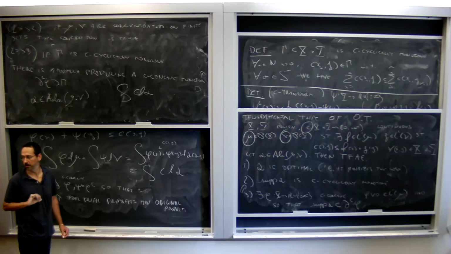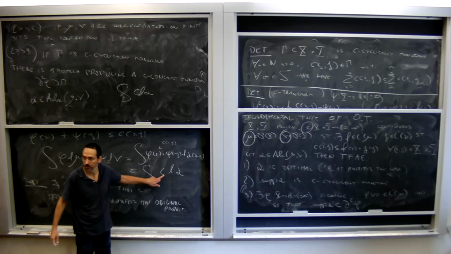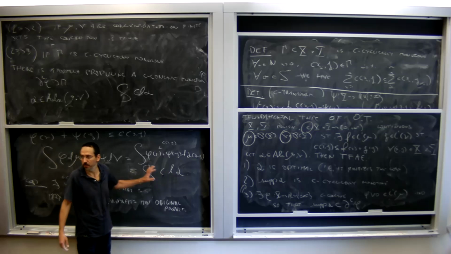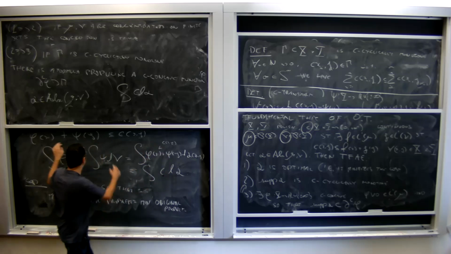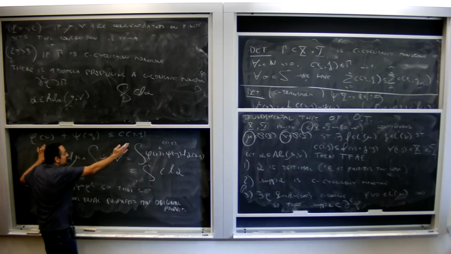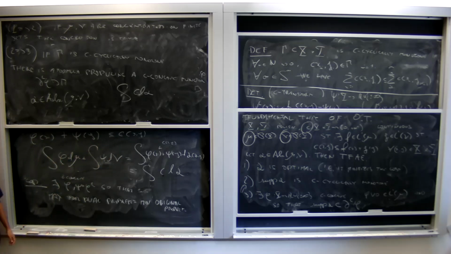I'm saying a triviality. If I have another plan which is optimal, the cost of this other plan is the same as the cost of ours. But on the other hand, the integral of the cost should, in principle, be greater or equal than the integral of phi(x) plus psi(y), because of this inequality. But if the integrals are the same, it means that I'm concentrated on points where equality holds.